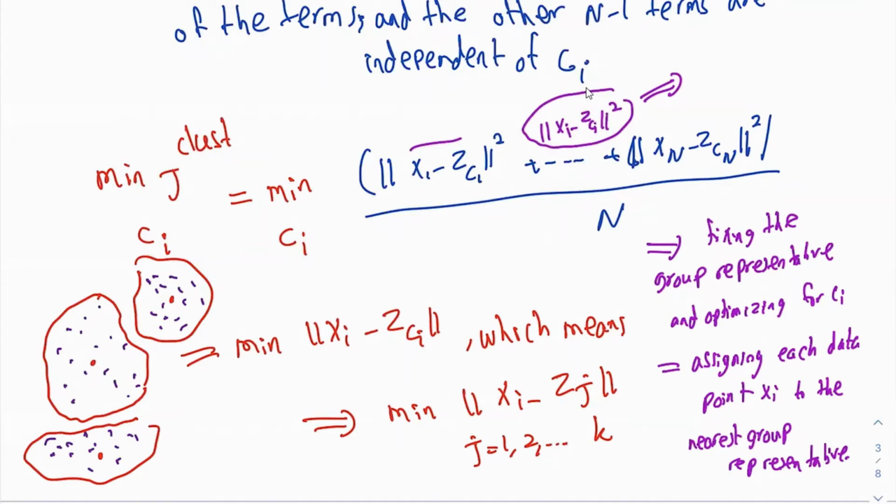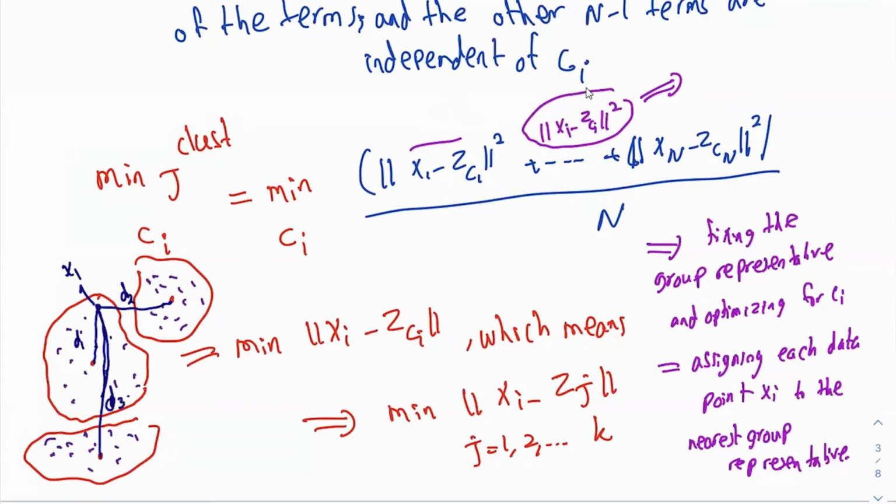What's a good assignment? I take this point, I call it x1. I ask myself, which distance is minimum? This distance, I call it d1. This distance, I call it d2, and this distance, which should be a straight line, I call it d3.